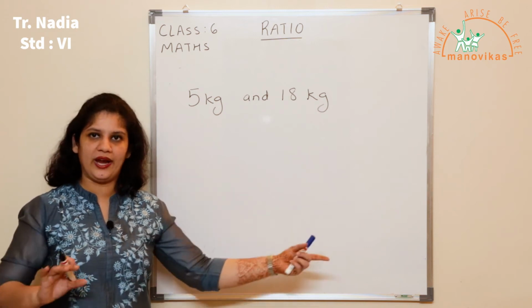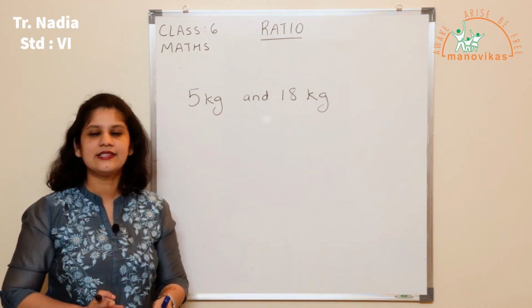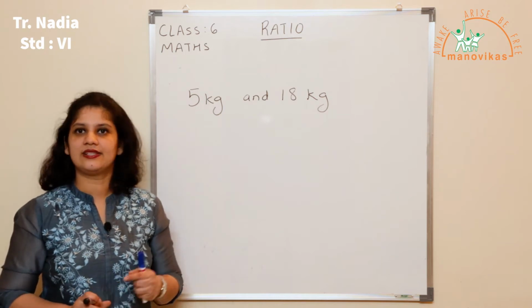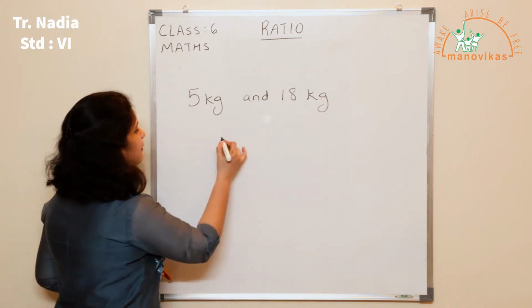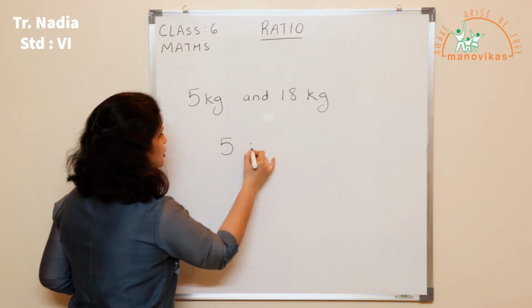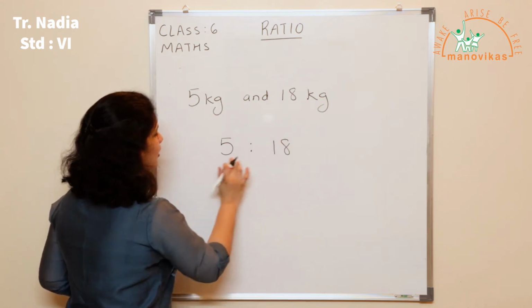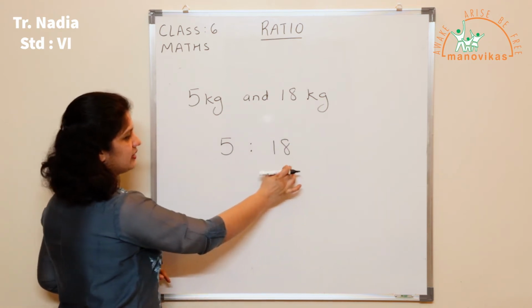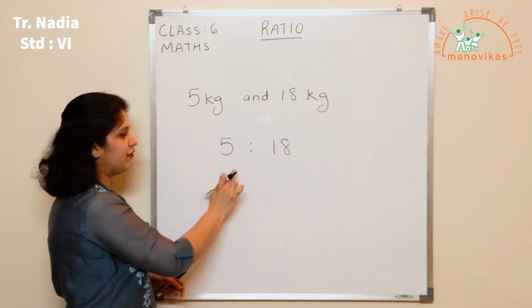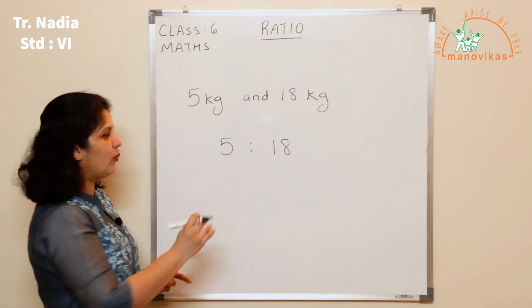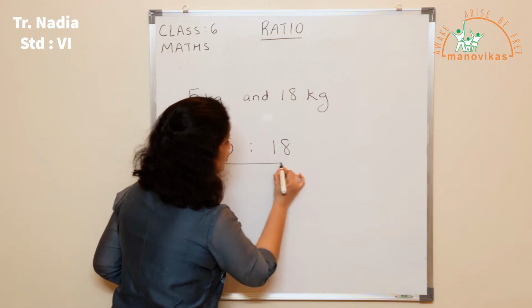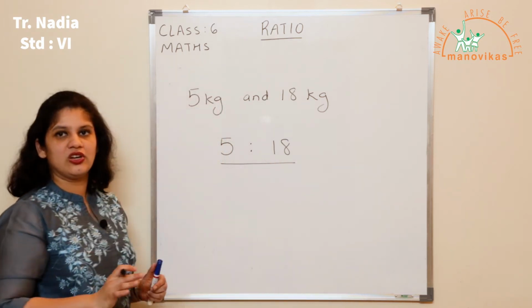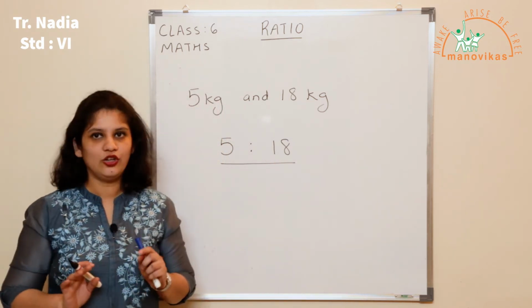We are comparing the weight of the bag in either case. So how will you express it as a ratio? You will say 5 is to 18. The weight of the first bag to the weight of the second bag is in the ratio 5 is to 18.